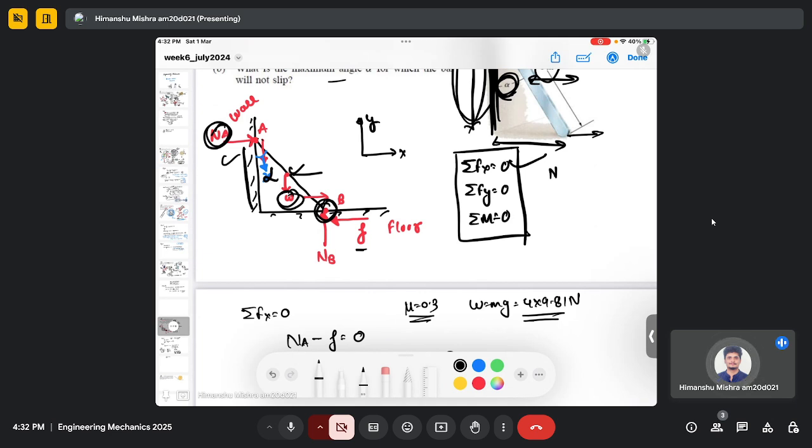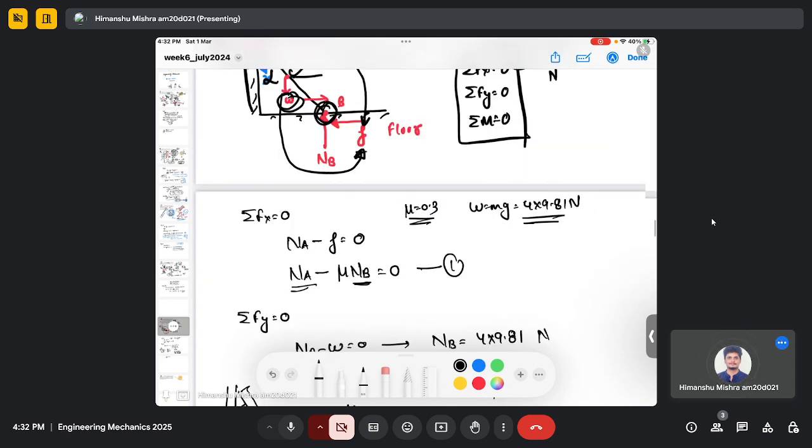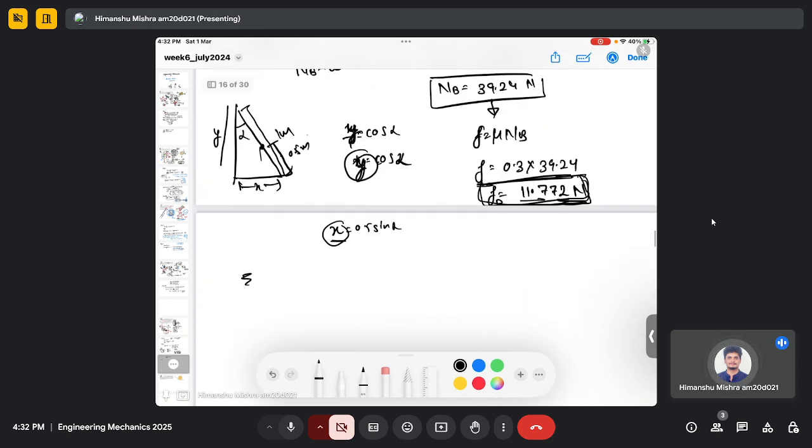So NA will have a rotating sense of clockwise, and W has a rotating sense of counterclockwise around point B. So if I take a moment along point B and equate it to 0, then I will have, with clockwise moment positive and anticlockwise negative, NA y minus W x by 2 equals 0.